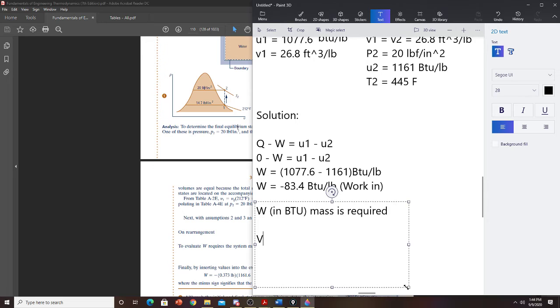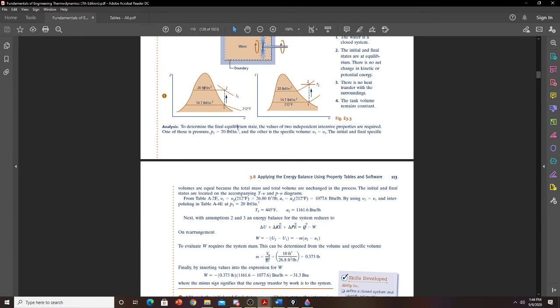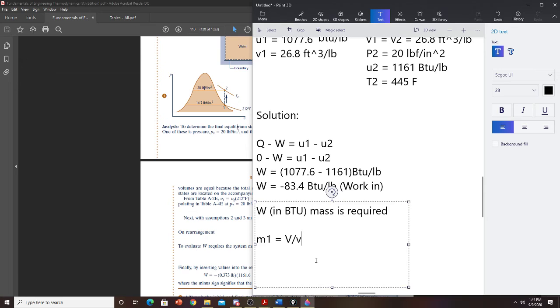Since specific volume is equal to volume over mass, they just rearranged that to get mass 1 is equal to volume divided by specific volume, or little v. I think that's what they did. Let me see. Yep. So right here, they took our volume and divided it by our specific volume, and you get 0.373 pounds. They just rearranged the definition of specific volume.